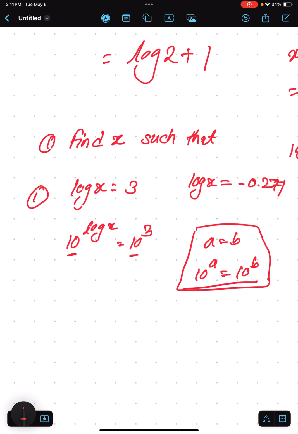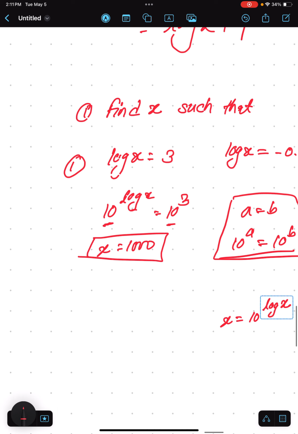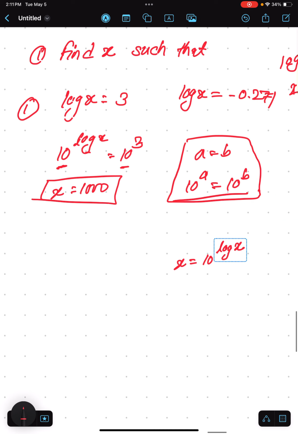So in such case 10 to the power log x, I have already taught x is equals to, you can write 10 to the power log x, right? So now this becomes x and 10 power 3 becomes 1000. Look how easy I get the answer. So now you need to play with the concept.